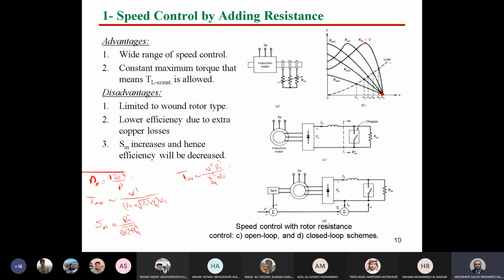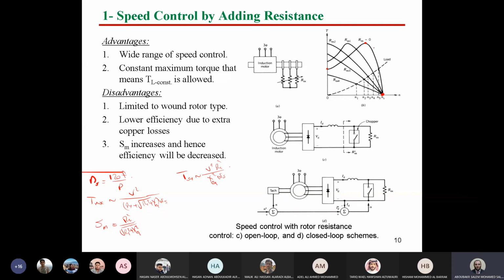And this is the shape as we can see here, guys. Right? All of the curves by adding resistances will start from the same synchronous speed. Why? Because synchronous speed is independent of resistance. Okay, what about T starting? As you can see here, by increasing R2 prime, T starting will increase. This is mathematical, guys, right? Is it clear?